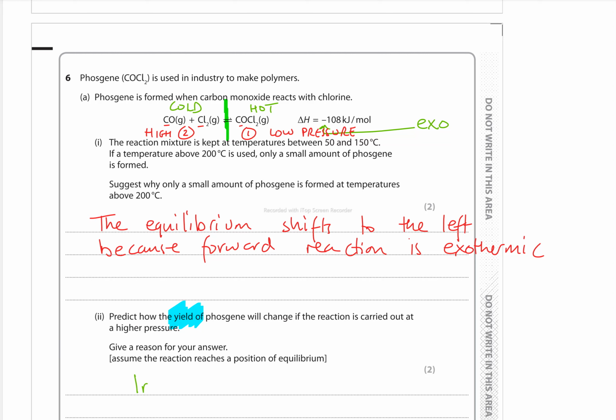So the yield would increase because there are fewer moles or molecules on the right hand side. There you go.